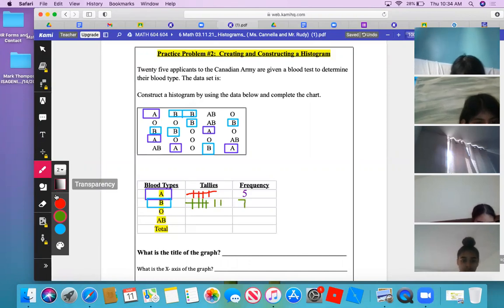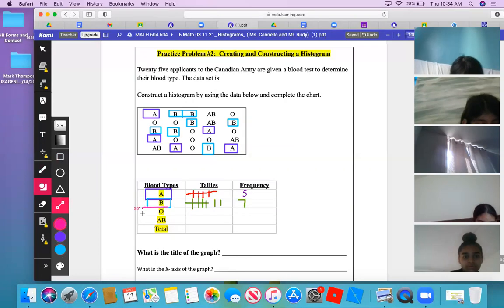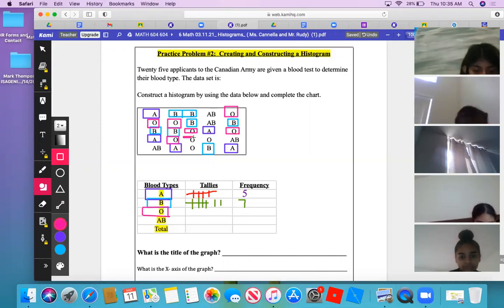I want somebody to help me out with the letter O now. Let's try somebody else from the chat. How many O's do we have in the picture? Kevin, how many O's do we have in the picture? Count the pink boxes.